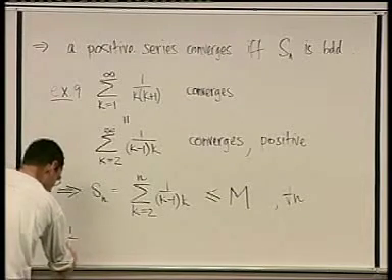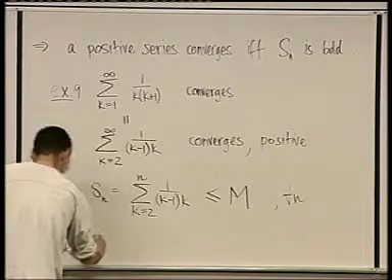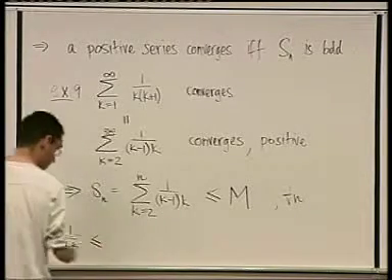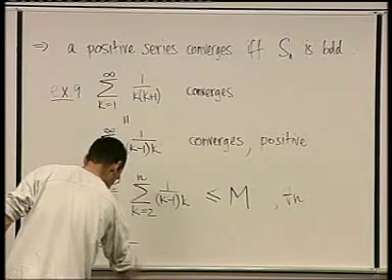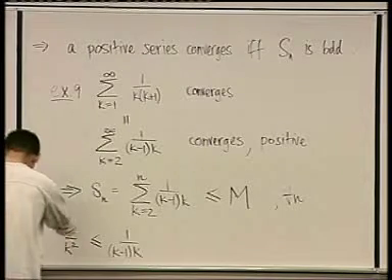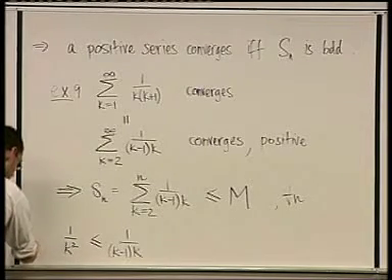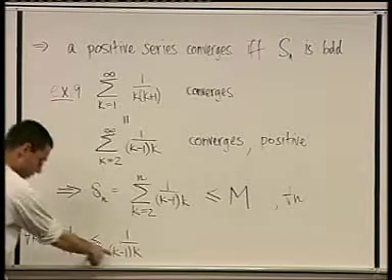So now what I want to say is the following. 1 over k squared is less than or equal to 1 over k minus 1 times k. And this is true for any k. Why is this true, by the way?